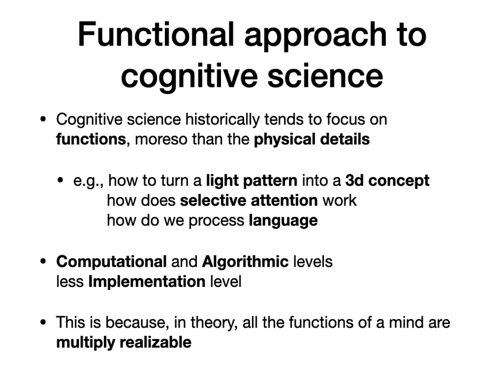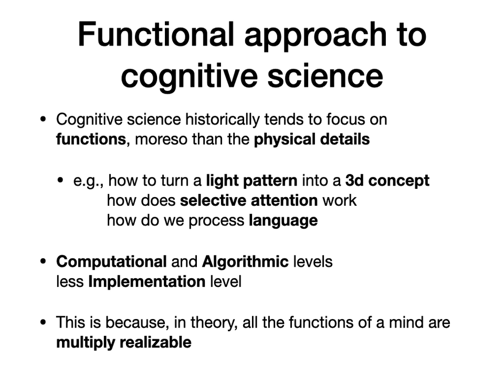So let's talk about the functional approach to cognitive science. Cognitive science has typically focused on what the actual functions of the mind and the brain are, more so than the physical details of those things. Just like in Marr's work: how do I turn a light pattern into a 3D concept?